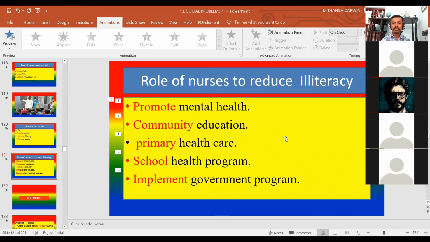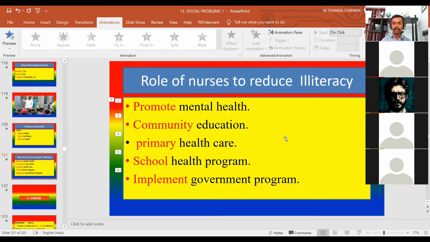Role of the nurse. The nurse plays a fundamental role, mainly promoting mental health. Then community education, primary healthcare service. Primary healthcare education is fundamental. Then school health programs, and implementing government programs.